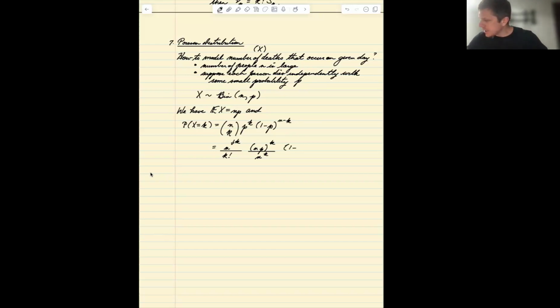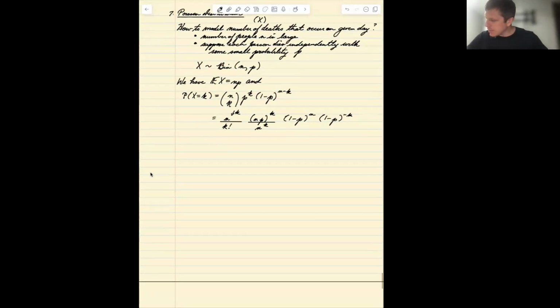And then let me just split this out. It's (1 minus p) to the n, (1 minus p) to the minus k. Let me rewrite this a little bit: 1 over k factorial times n fall k over n to the k, times (np) to the k, times (1 minus p) to the n, times (1 minus p) to the minus k.